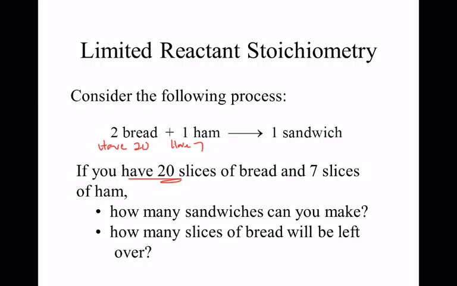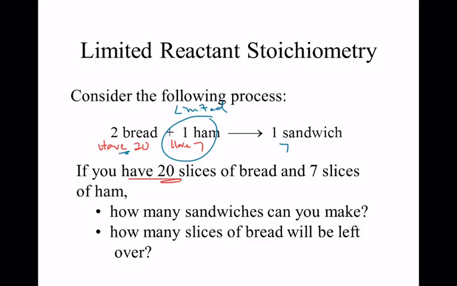That's right. We can only make 7 because if we tried to use up all our bread, we'd make 10, but we run out of ham before that. Exactly. So our ham is limited. You got it.